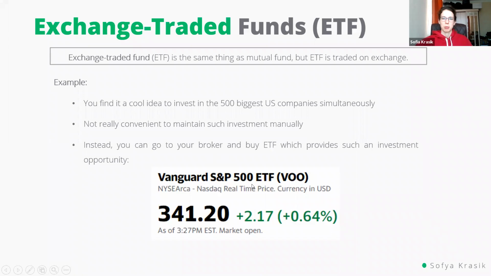As you remember, the S&P 500 is an index of the 500 biggest US companies. So there are already special funds whose main strategy is just investing in the S&P 500 and following it. They make a portfolio which consists of exactly the same shares which are included in the S&P 500. They rebalance those portfolios as soon as something changes in the index. So, things that are hard to do by yourself.